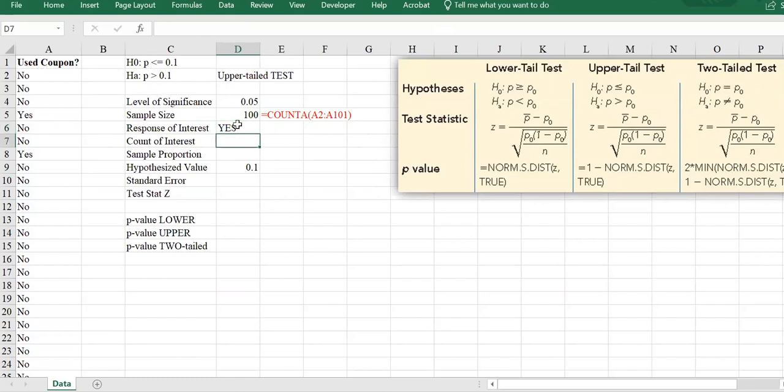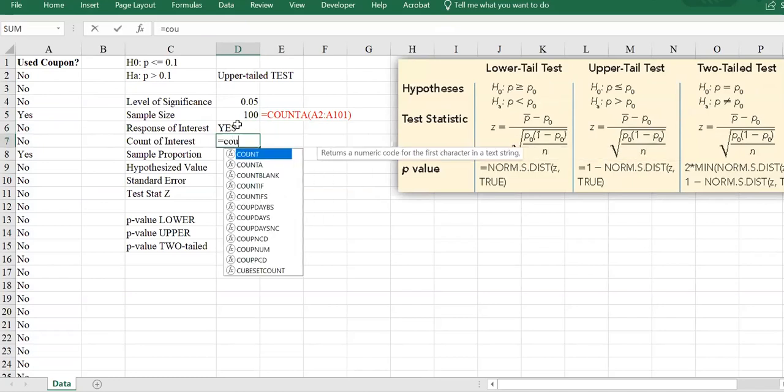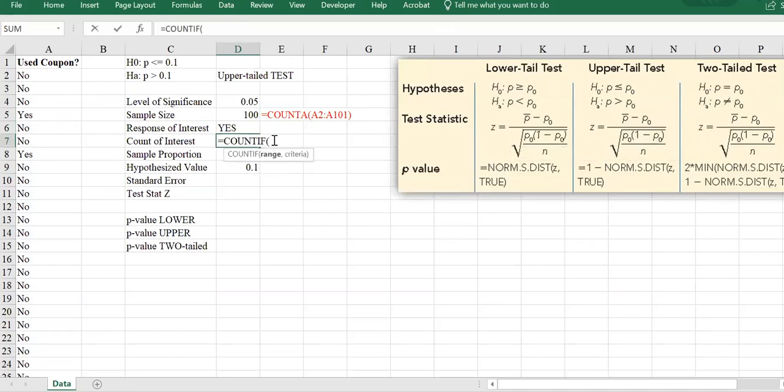So yes, count of interest, count F, range, column A, criteria, yes. Again, make sure that this yes is exactly the same. You don't want to have extra space or something at the end. 13. So out of 100 people surveyed, or in our sample, 13 said they used. So 13 divided by 100, 13%, or 0.13.